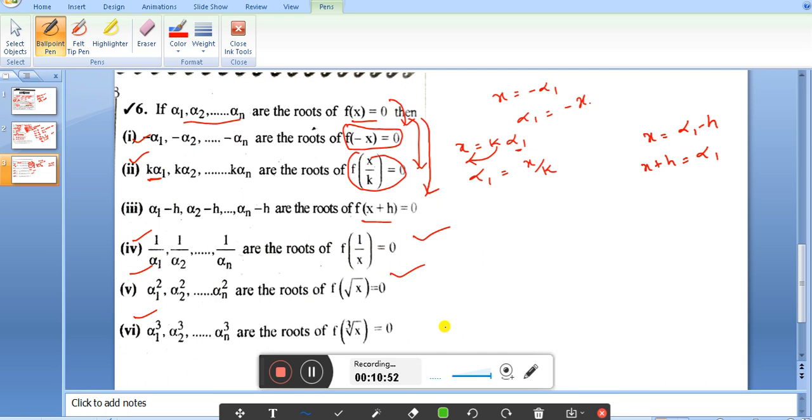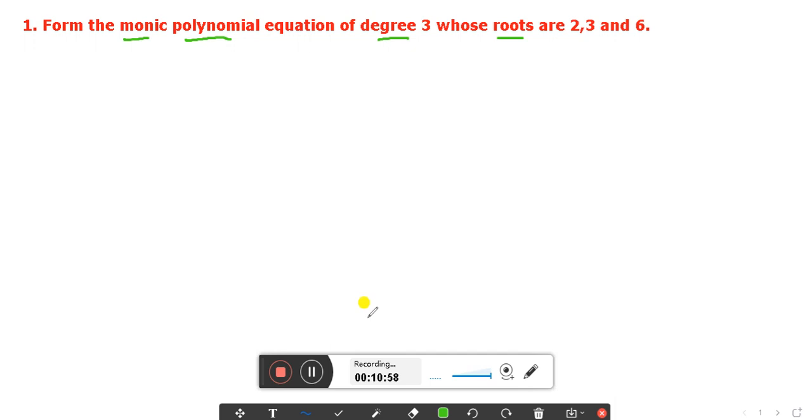Okay, now come to the questions. Actually what is the question here? Form the monic polynomial equation. A monic polynomial equation is nothing but an equation whose leading power coefficient equals 1.